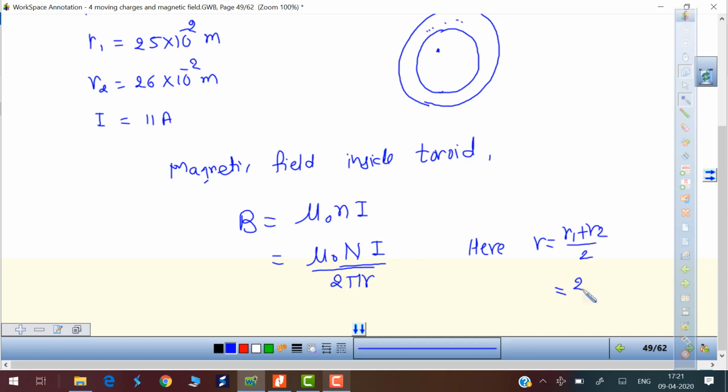So it is 25.5 into 10 raised to minus 2 meter. Okay. So we substitute all these values.